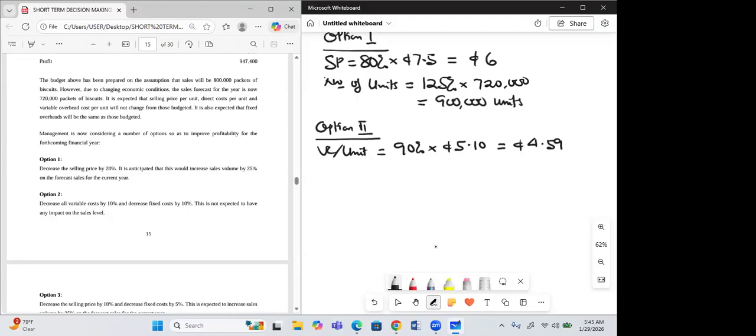It is anticipated that this will increase sales by 25%. So the number of units, if it increased by 25%, is the same 900,000.